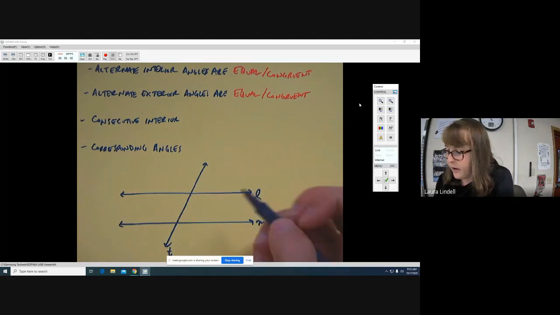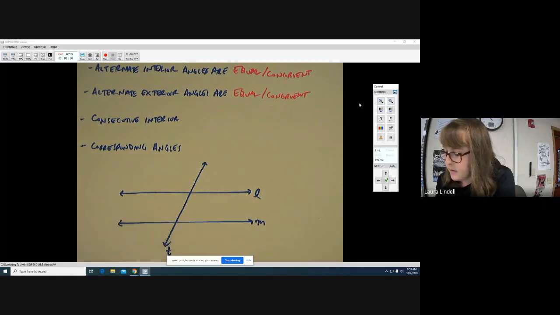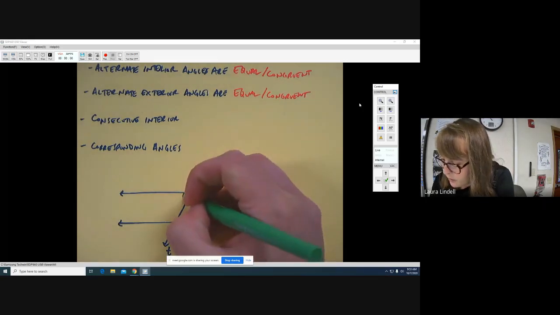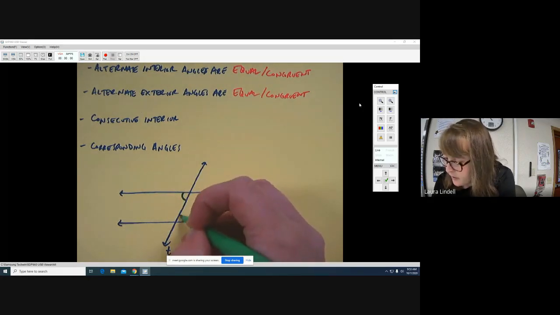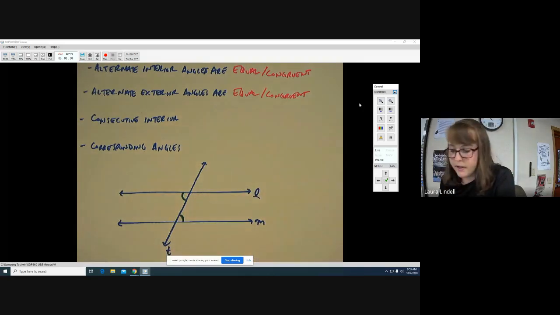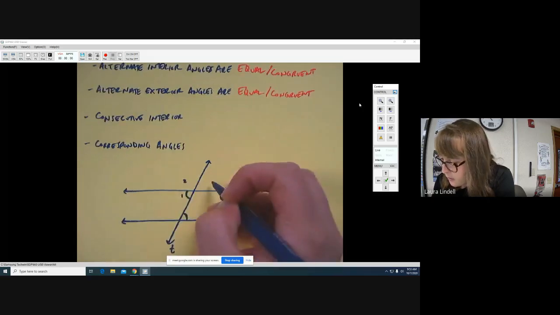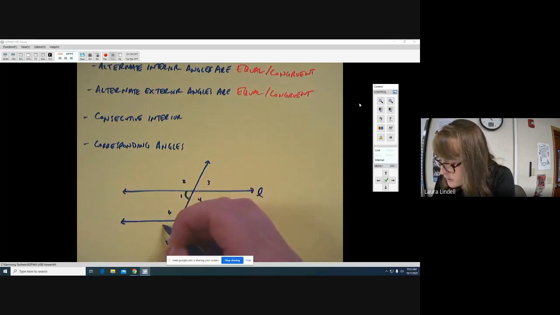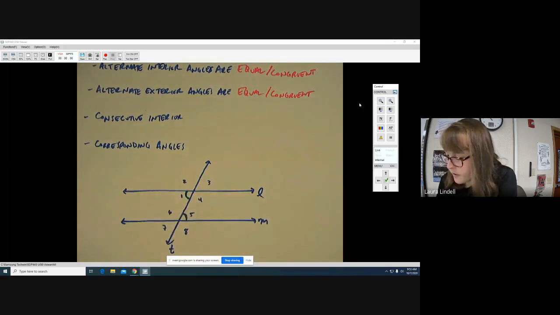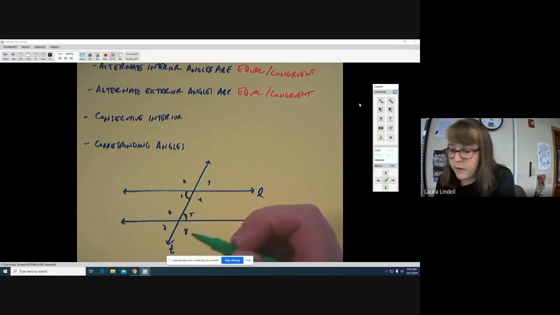So alternate interior angles are equal. So that tells me if this is one of my interior angles, its alternate interior angle is right over here, and those angles would be congruent. So I'm going to name my angles really quick. 1, 2, 3, 4, 5, 6, 7, 8. So that would tell me that angle 1 and angle 5 are congruent.